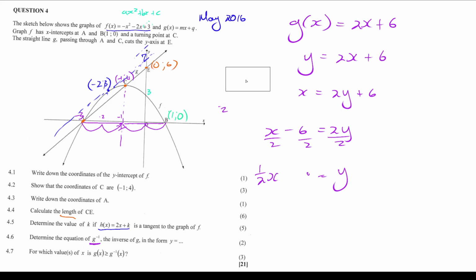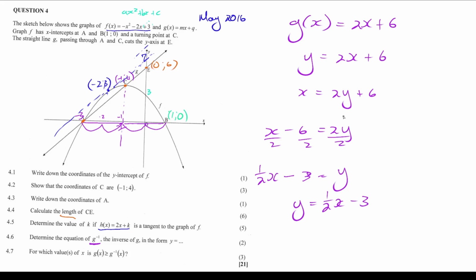Okay. Where were we? So we did this one. -6 divided by 2 is -3. So you can leave it like this or just tidy it up a little. -3. Easy peasy, lemon squeezy.